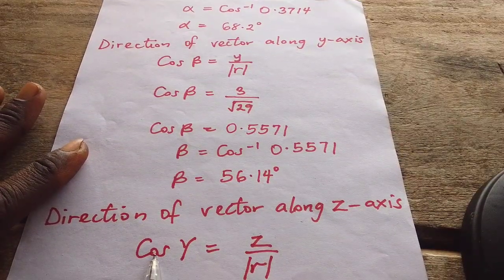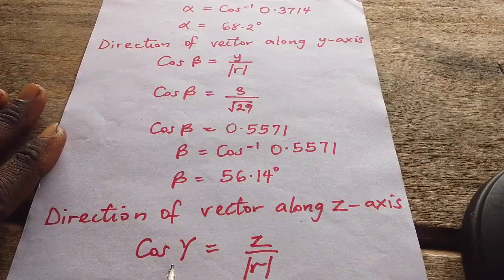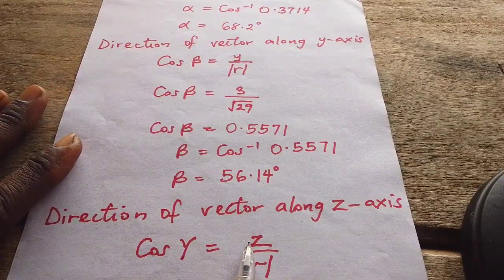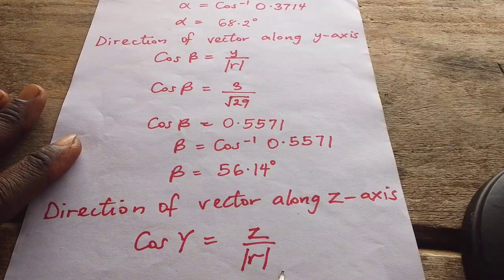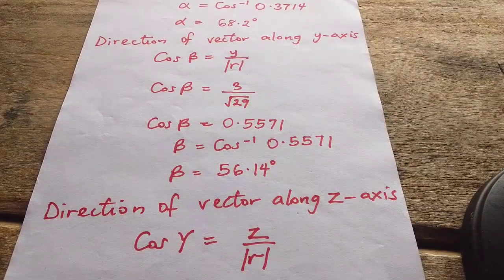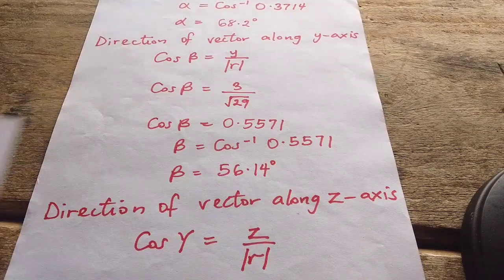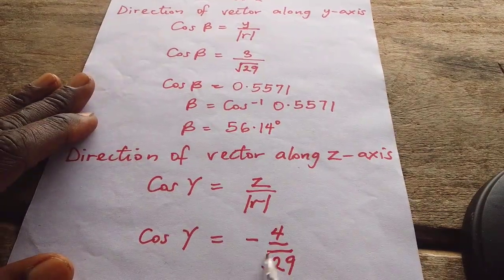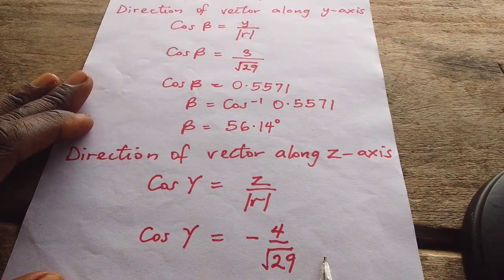Now let's look at the direction of the vector along the z axis. Gamma is used to represent the angle it makes with the z axis. So that is the z component over the magnitude of the vector. The z component here is minus 4, over the magnitude, root 29.